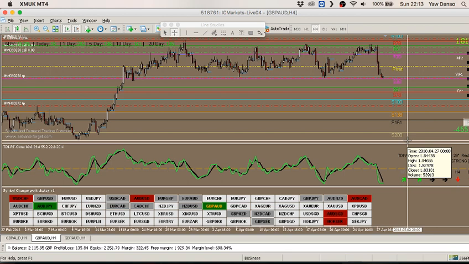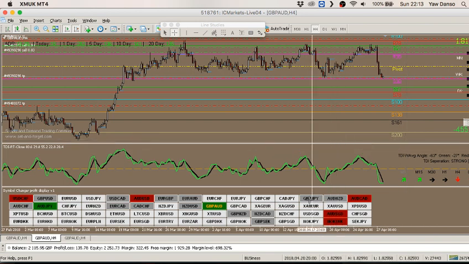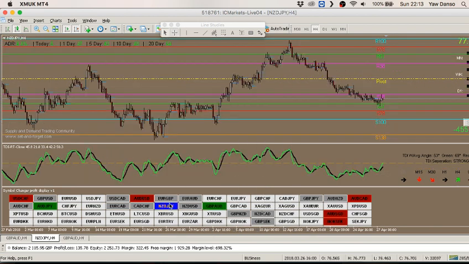So don't worry about the analysis. We'll get there. The first thing is to understand the forex market as it is. It doesn't take long to analyze the market, because I can simply analyze one right now. Take this one for example, the New Zealand Japanese yen.